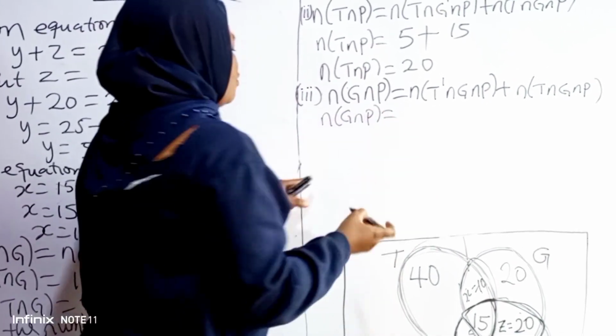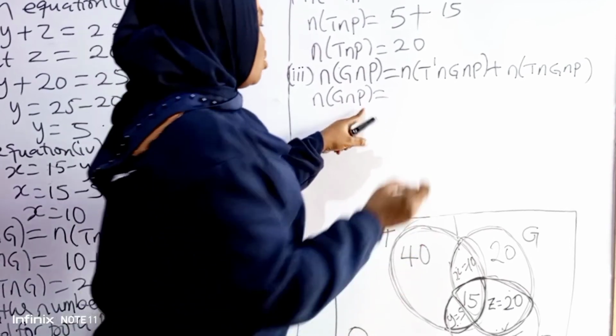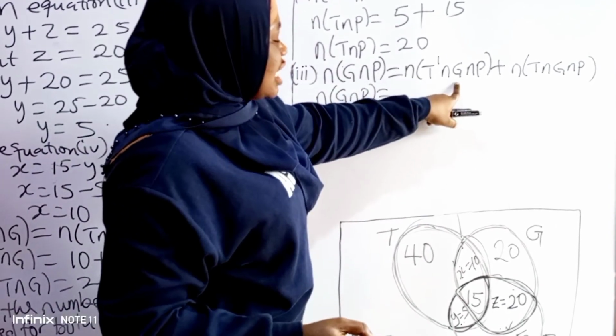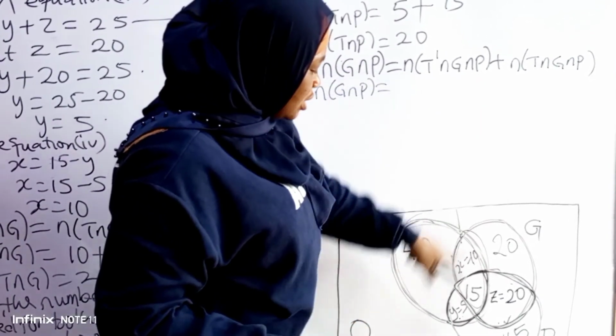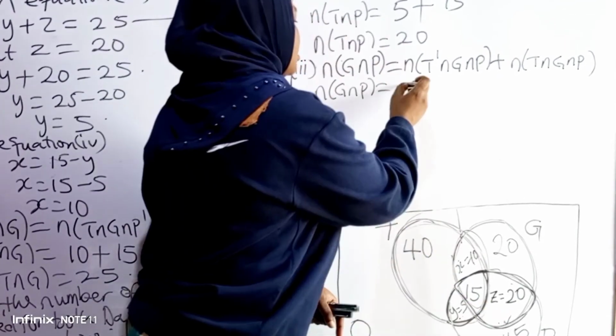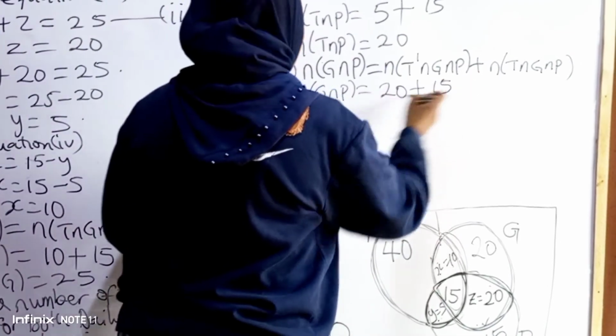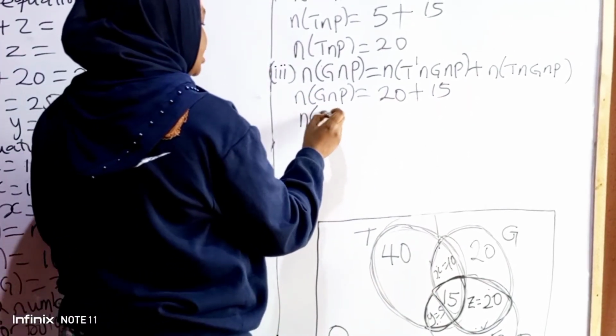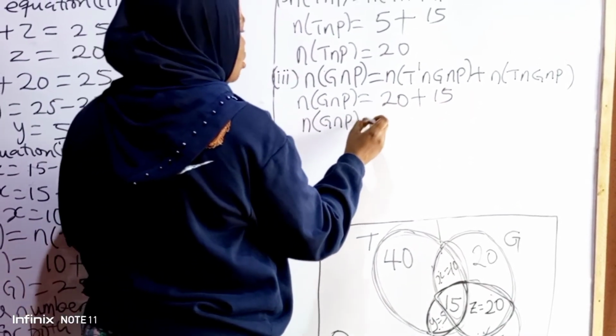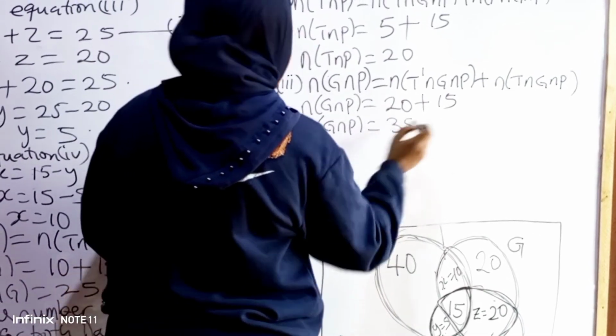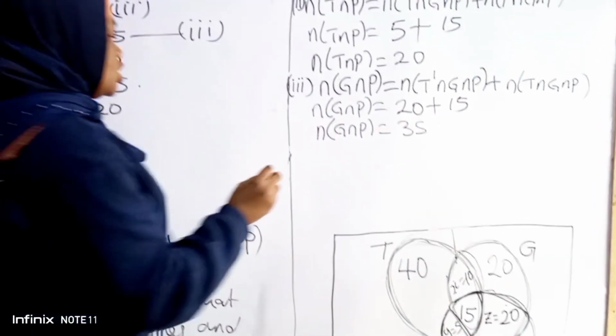Daily graphics and daily punch only is 20, plus their intersection 15. So those that apply to daily graphics and daily punch is equal to 35. Good.